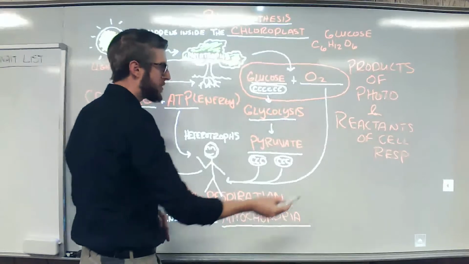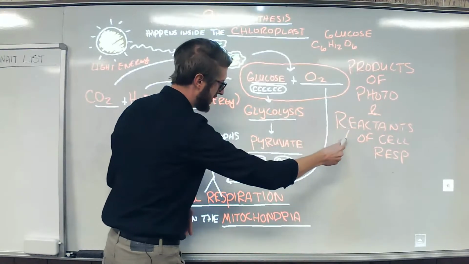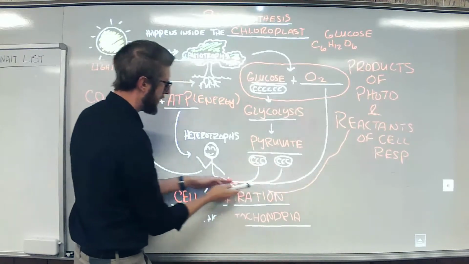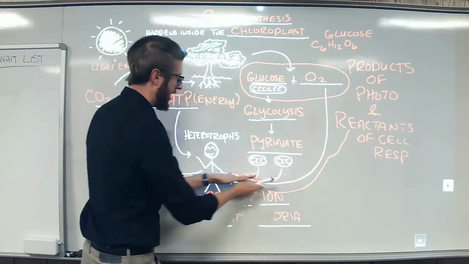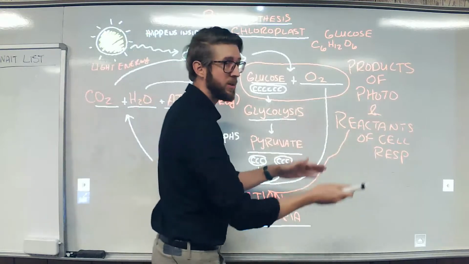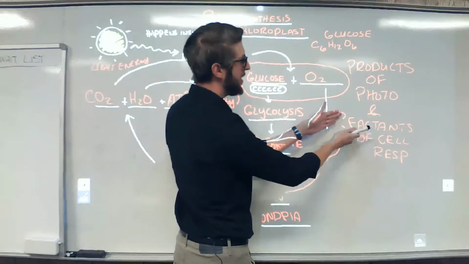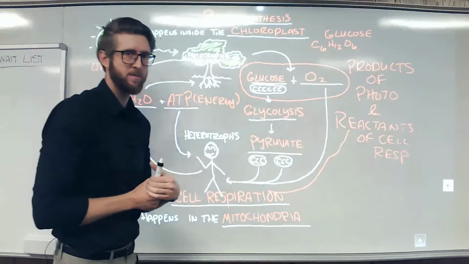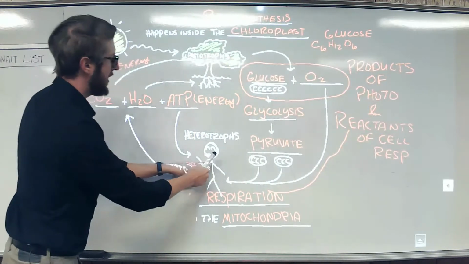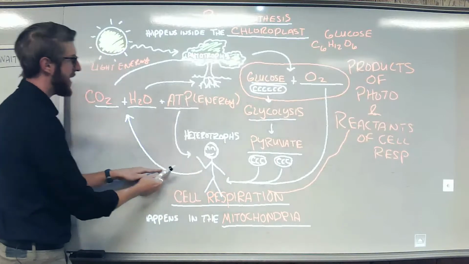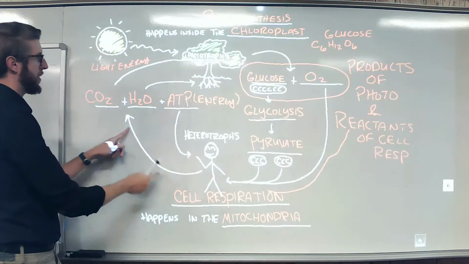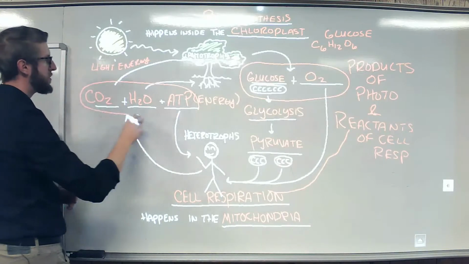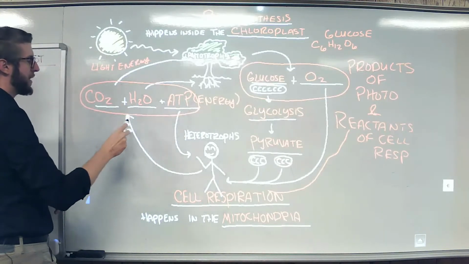And what are reactants? Well, reactants are the things that go in. So the things that are going into the heterotrophs, into the chemical reaction, are the reactants, and the things that get made are the products, okay? Likewise, the things that heterotrophs make by doing cell respiration, these are the products. So these three things are the products.